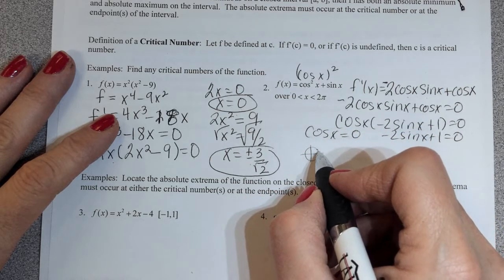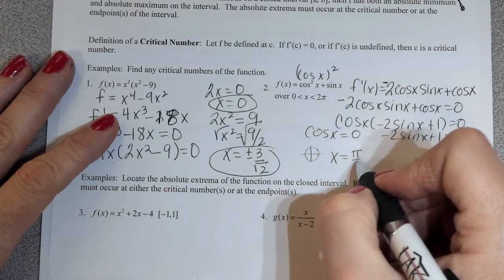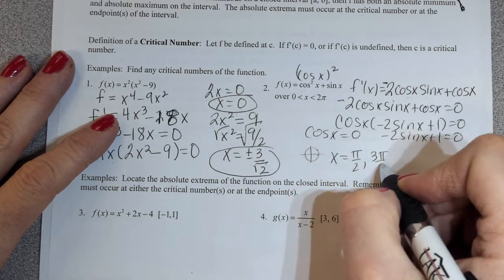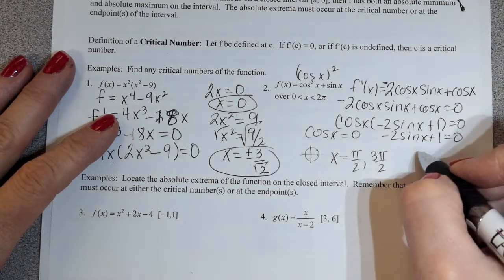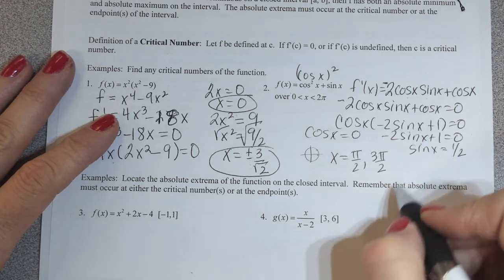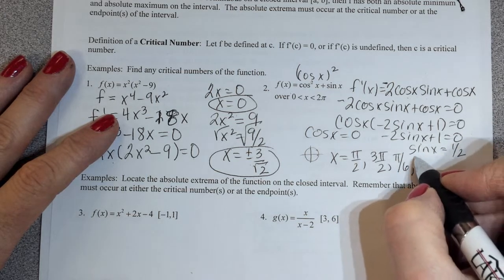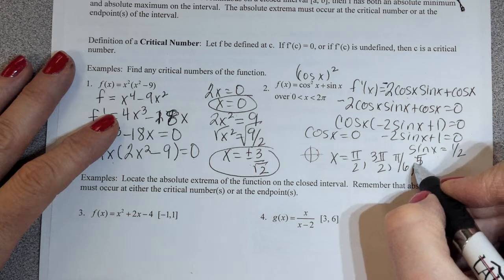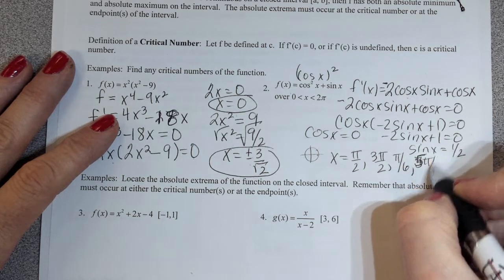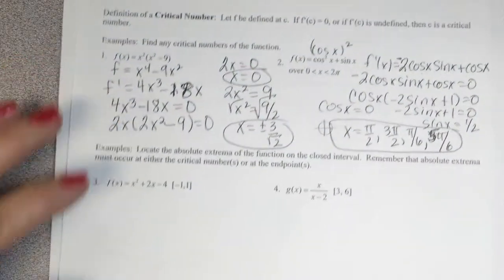That's going to be at pi over 2 and at 3 pi over 2. Solving this, I get sine x equals 1/2. So that's going to be at pi over 6 or at 5 pi over 6. So those would be the 4 critical numbers.